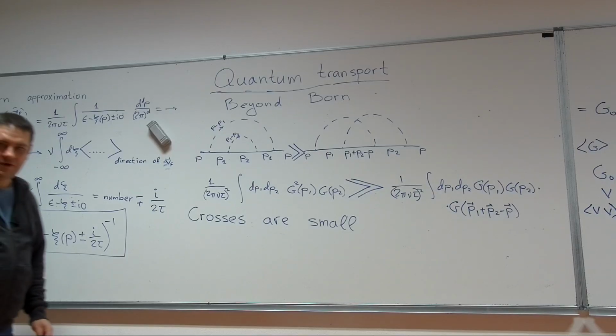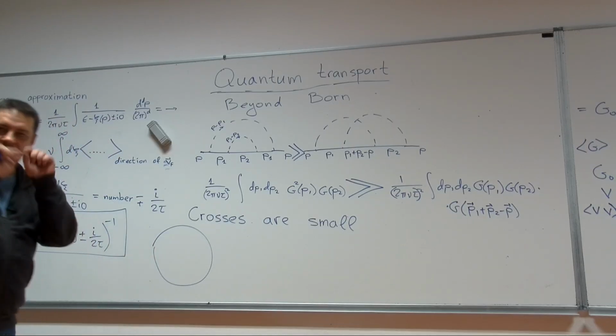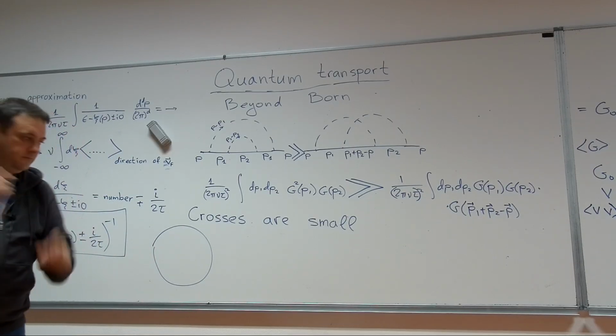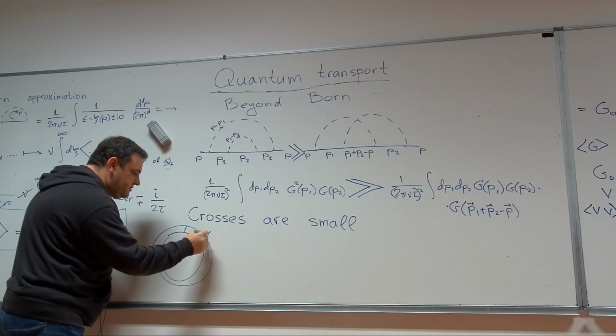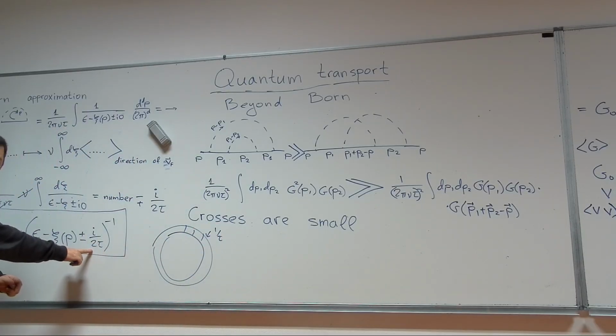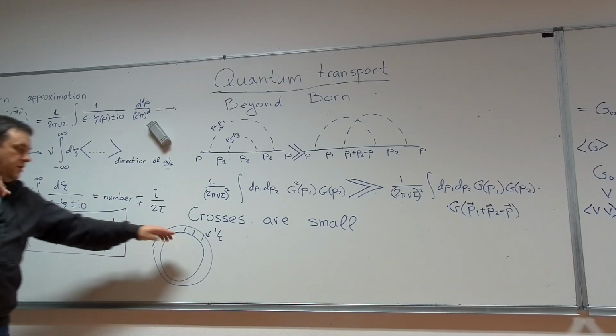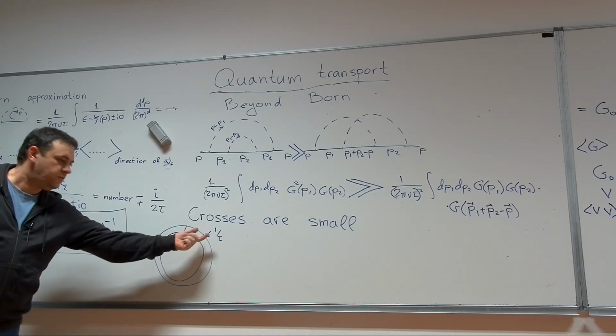Listen, please, to my answer. This is your Fermi surface. It's not a single line. It has a width. The width of your Fermi surface is inverse tau because you have this imaginary part in the Green function. So the Green function has a maximum which has a width. It's not a delta function. It has a width 1 over tau.